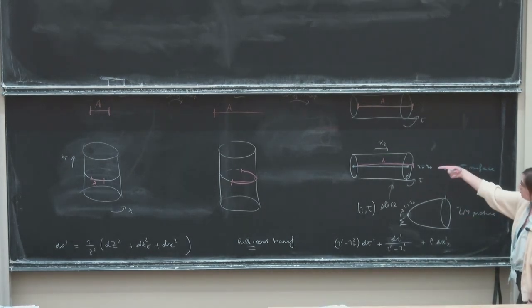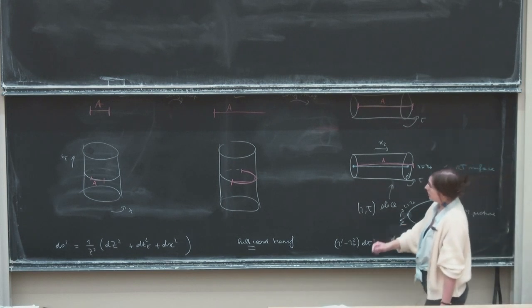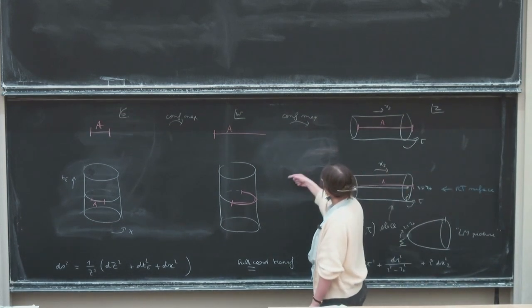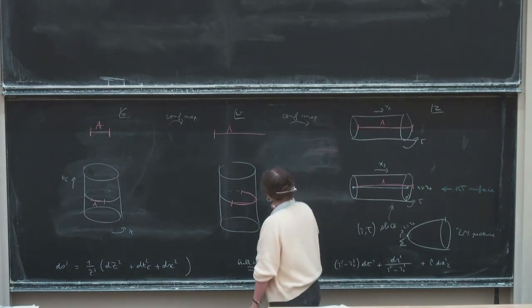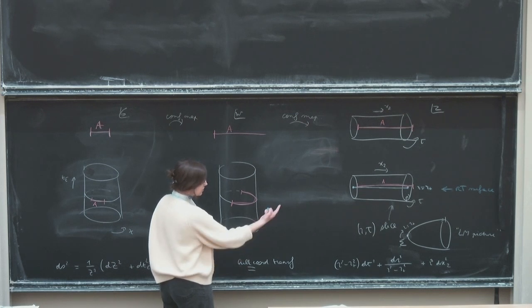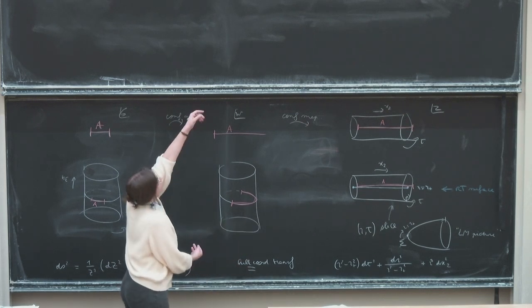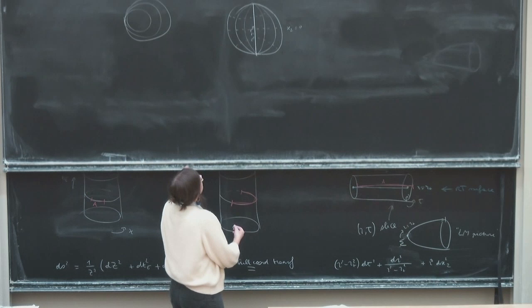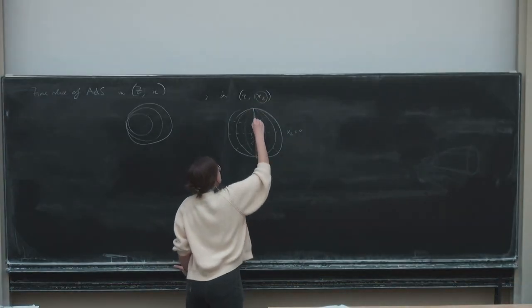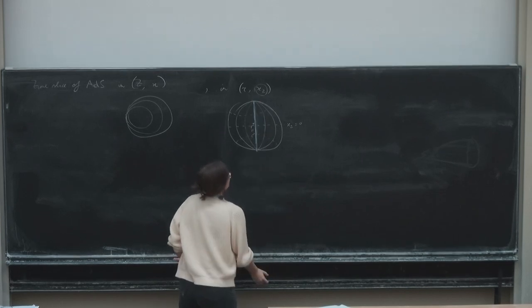And now I'm going to track back in the bulk using the Casini-Huerta-Myers bulk transformations, which are dual to these conformal maps, where R is R plus will end. R is R plus is this line on the constant time slice.